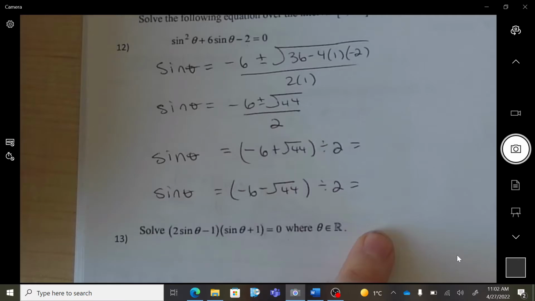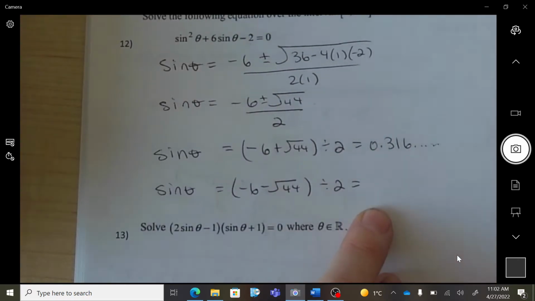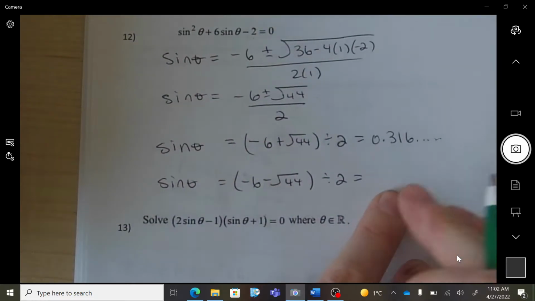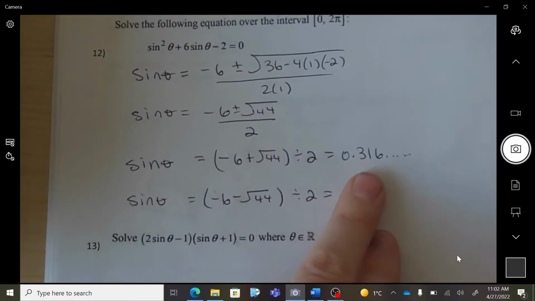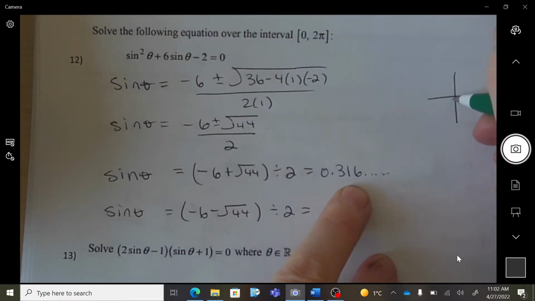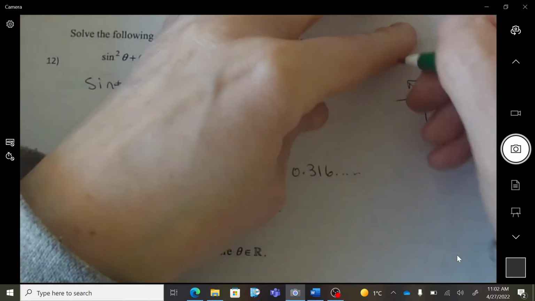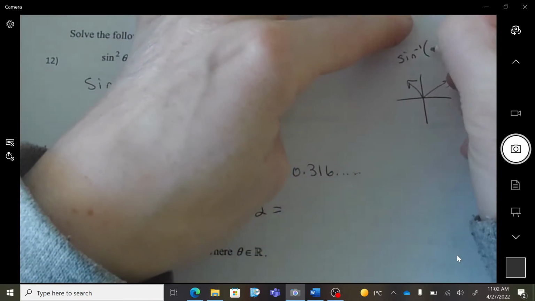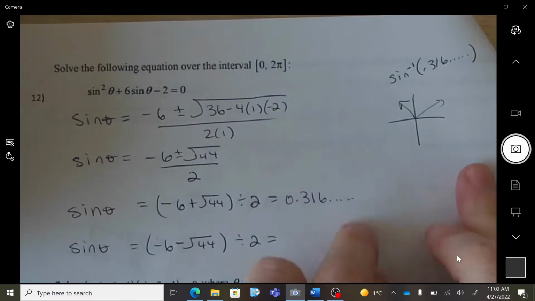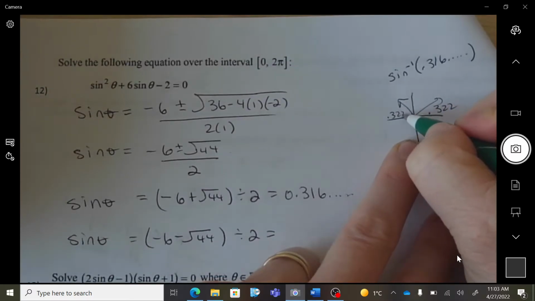Okay, so on this one I get 0.316. Okay, I got to keep that on my calculator. And then I'm going to move forward from there, keeping that on my calculator. Okay, so sine there is positive. I'm going to sine inverse 0.316, showing you that that's on my calculator. And then I get 0.322 because I'm in radians.